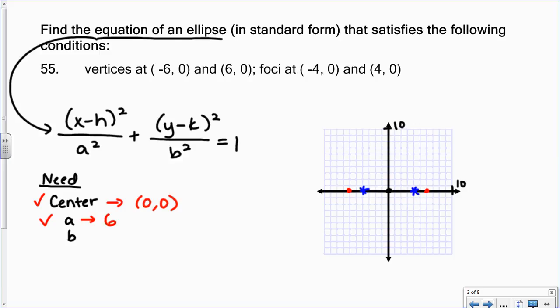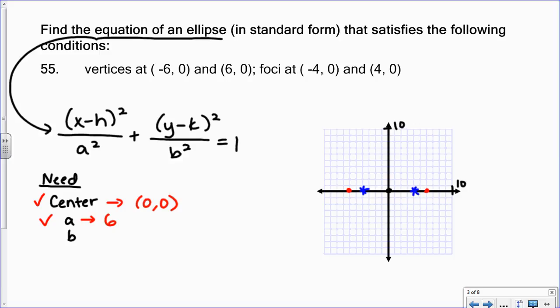So the distance from the center to one of those endpoints. Do I know B? No. But I do know C. So if I know A and C, I can find B using that foci equation.